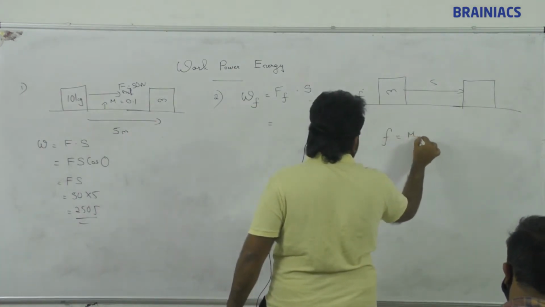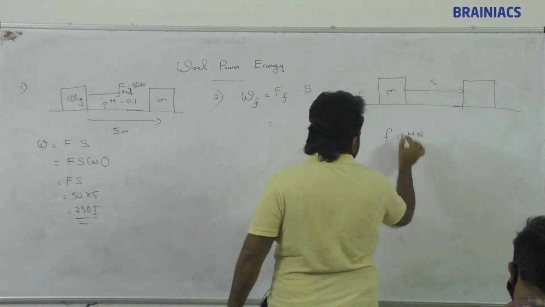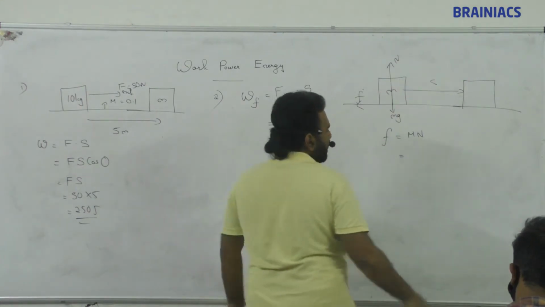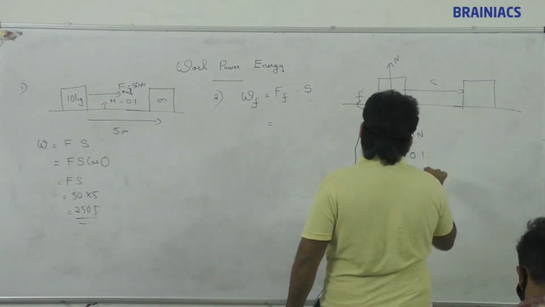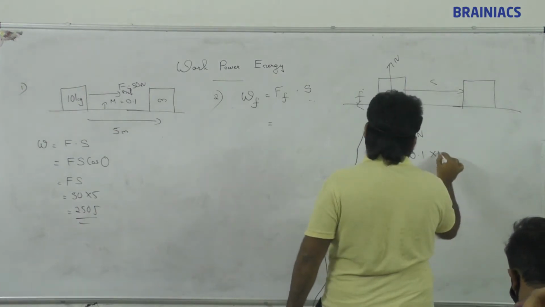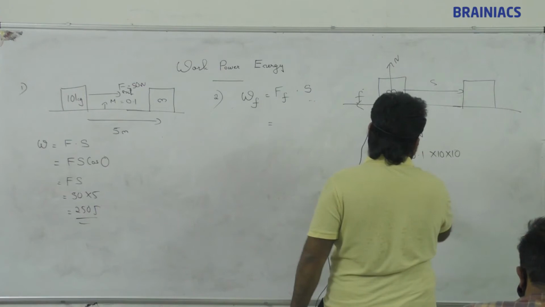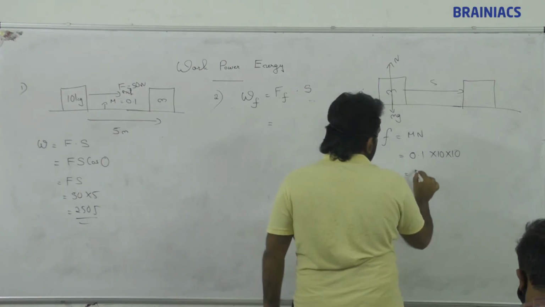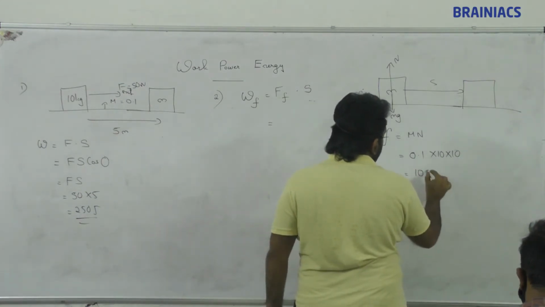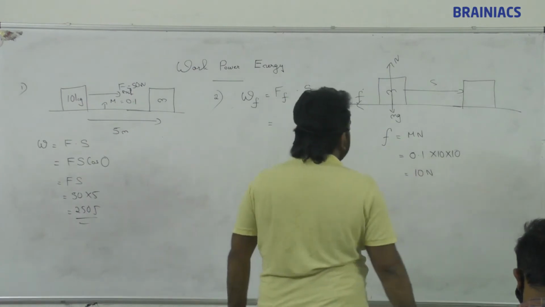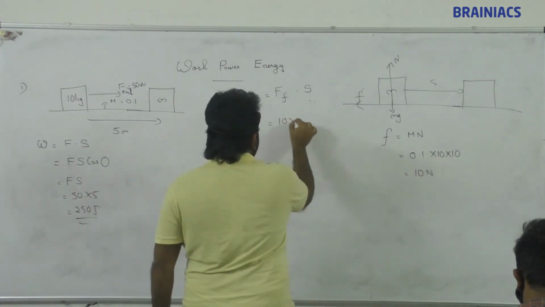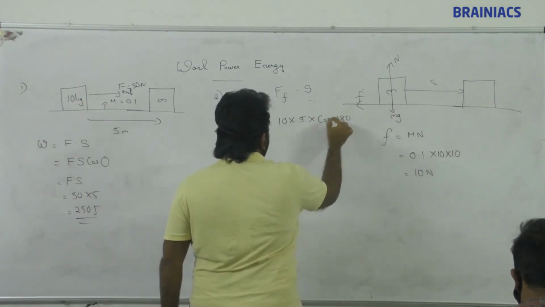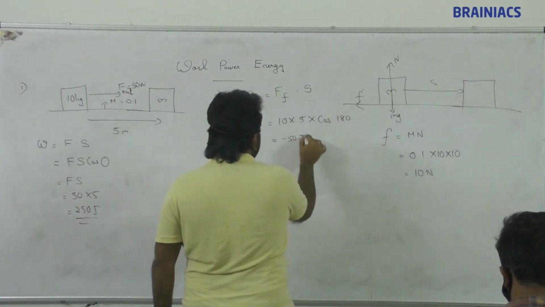Frictional force is equal to mu N. If this is mg, this is the normal reaction. Mu is given as 0.1. What is the mass? 10. So 10 Newton is the frictional force. So 10 into the displacement 5 cos what? 180. So this is going to be minus 50 joule.